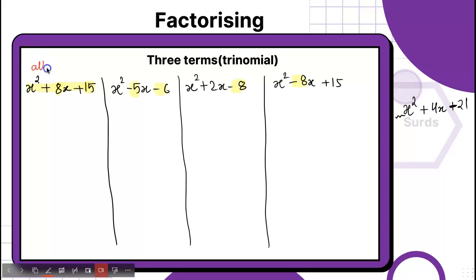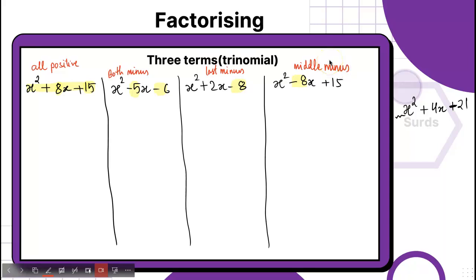We have all or both positive, right? We have both minus, both negative. We have last minus, last negative, and we have middle minus.